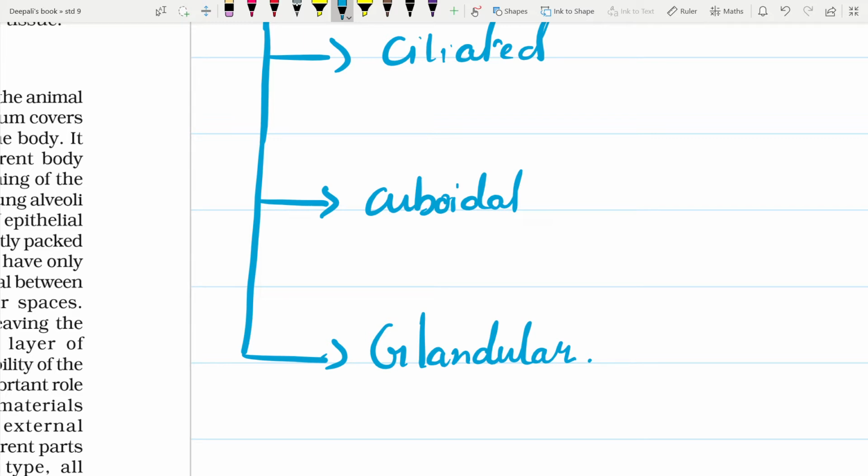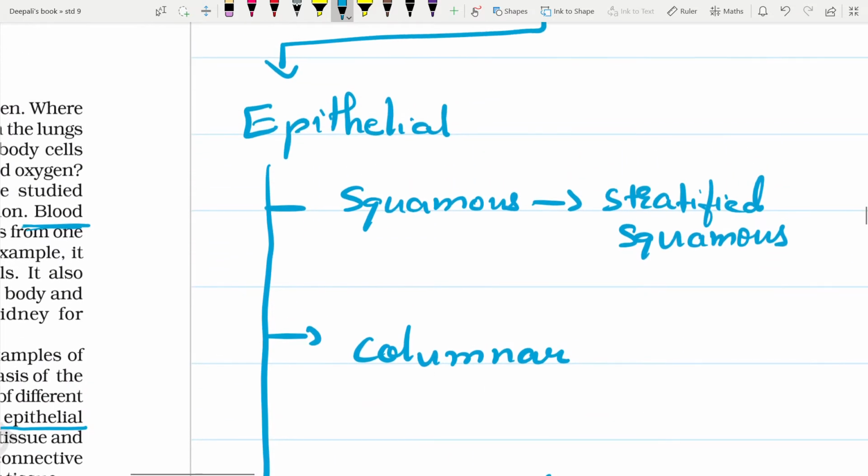The cells of squamous epithelium are extremely thin and flat, and they are protective in nature and form the external covering of the body, that is our skin. So what can we say?